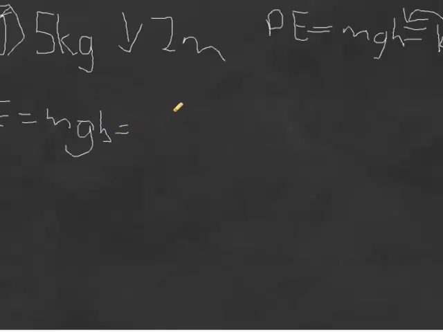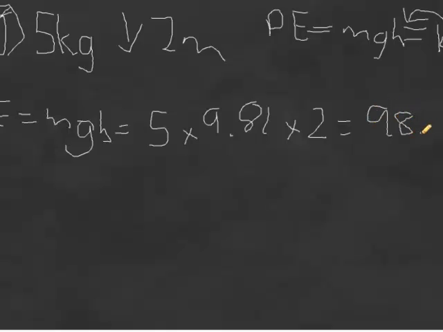That equals 5 times 9.81 times 2, which is equal to 98.1 joules, and that would also be the same as its potential energy. So now we know that kinetic energy is equal to 98.1 joules.